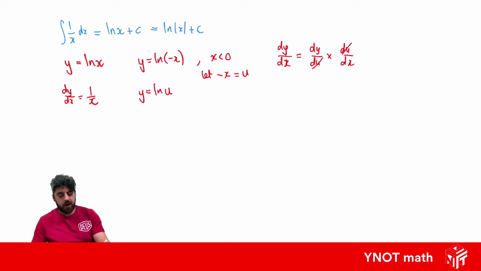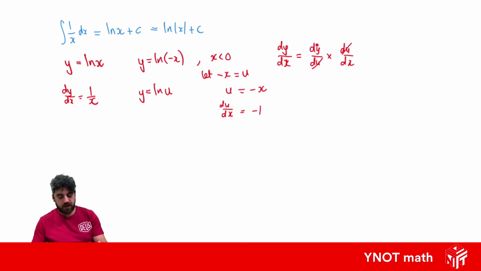So if we let minus x equal u, that just means that u equals minus x. We can find the derivative, du/dx, which is just minus 1. So we know the du/dx term is minus 1.